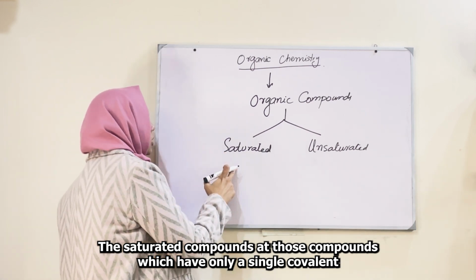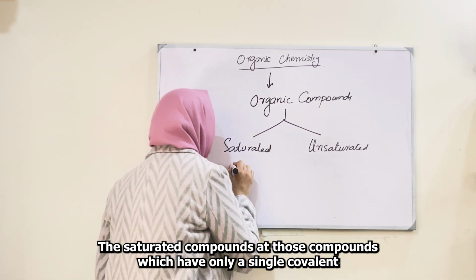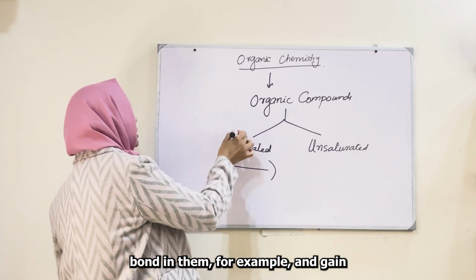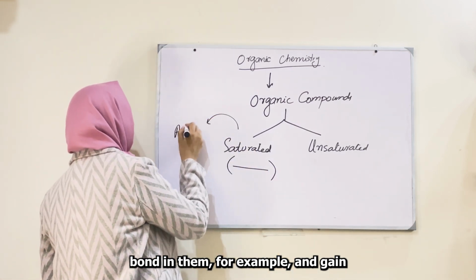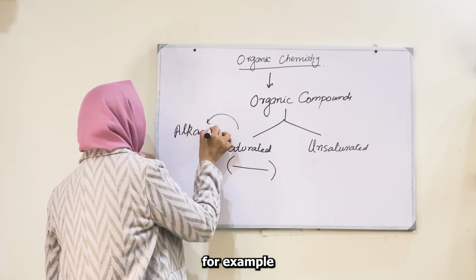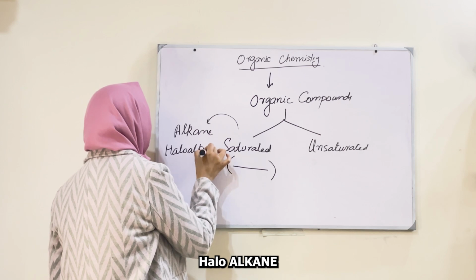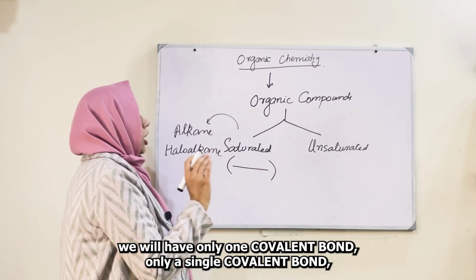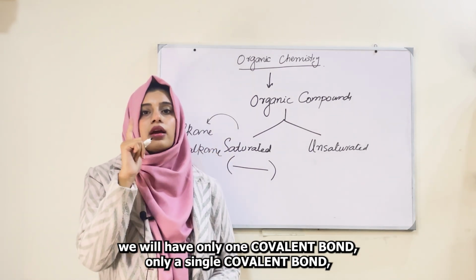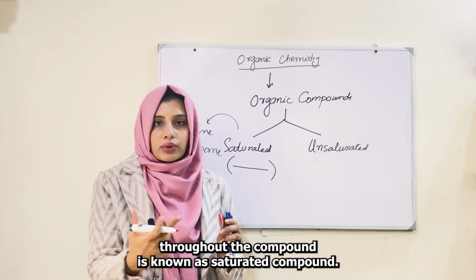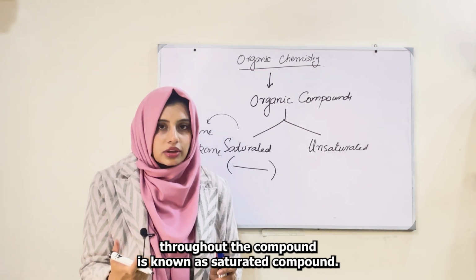The saturated compounds are those compounds which have only single covalent bonds in them. For example, alkane, for example, haloalkane, or anything in which we will have only single covalent bonds throughout the compound is known as a saturated compound.